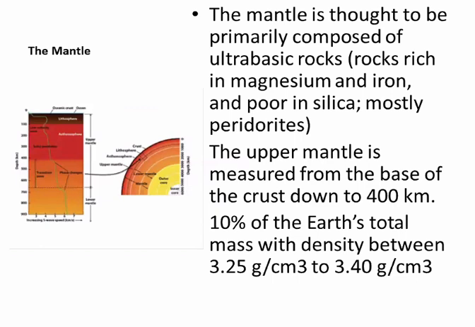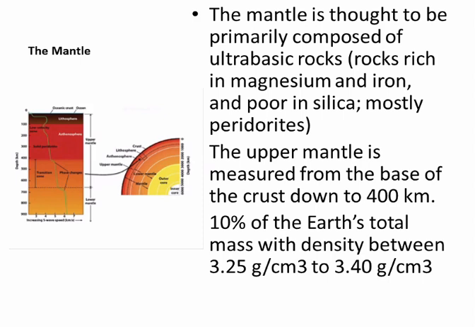So the mantle, which is next to the Earth crust, is composed primarily of ultra-basic rock. These ultra-basic rocks are rich in magnesium as well as iron. However, they are poor in silicates.